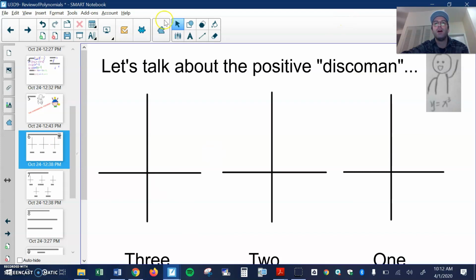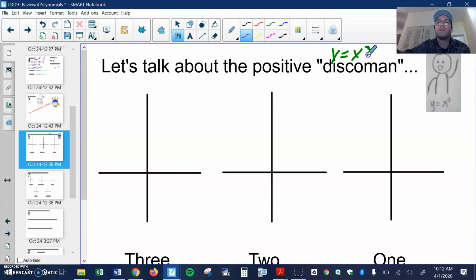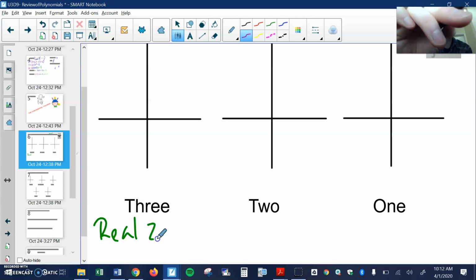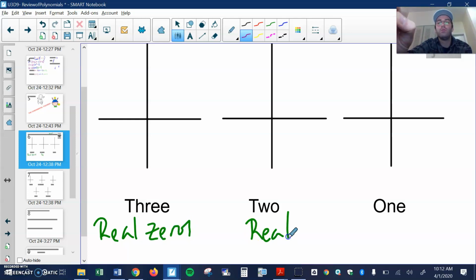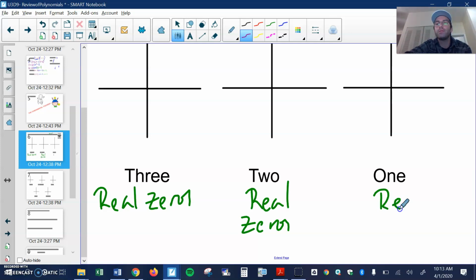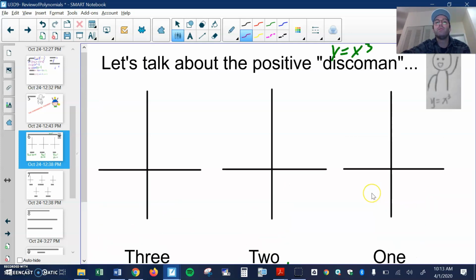Let's keep going. Let's talk about the positive disco man. So disco man is y equals x cubed. Like it says here, there are options. I can have 3 real zeros, 2 real zeros, or 1 real zero. 3 real zeros will look like this.